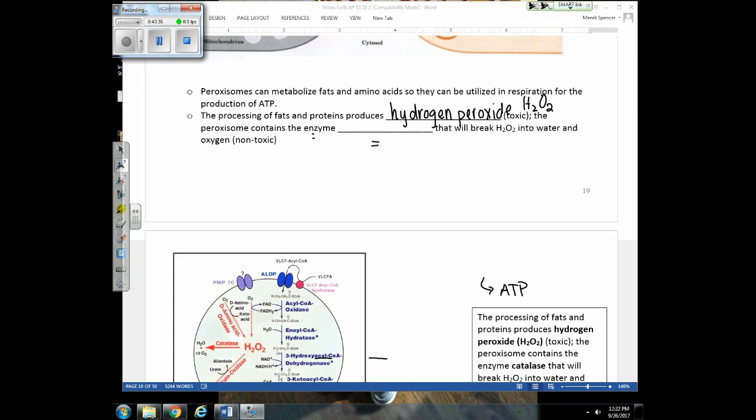Now, inside of the peroxisome, there's an enzyme which is called peroxidase. Peroxidase has the ability to take hydrogen peroxide, which is toxic, and break it down into simple water molecules and oxygen, both of which are non-toxic. So again, peroxisomes are important in the breaking down of fats and proteins so that ultimately we can use them for energy. In addition, it's able to break down the toxic hydrogen peroxide that can occur as a byproduct of the breaking down of fats and proteins.